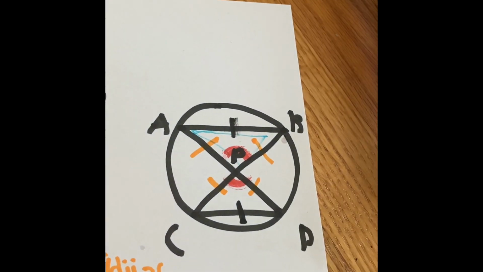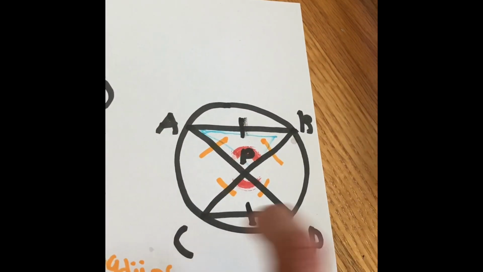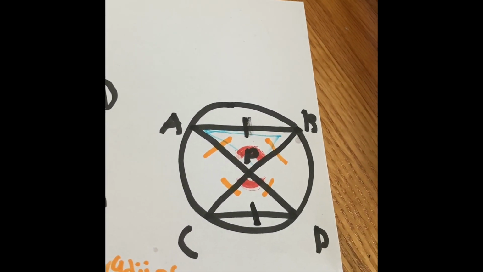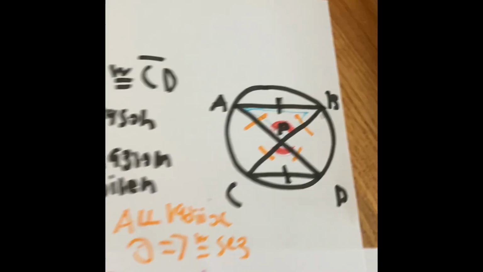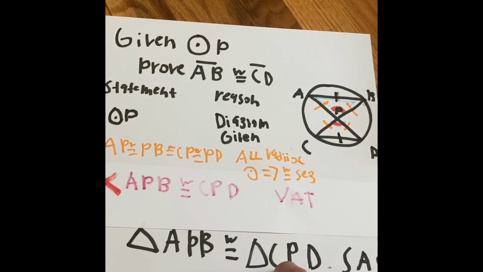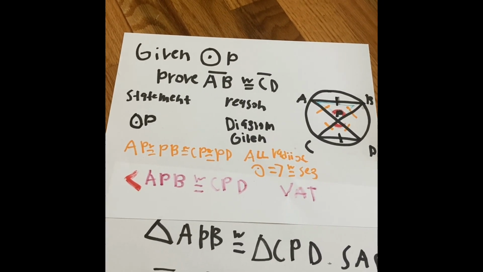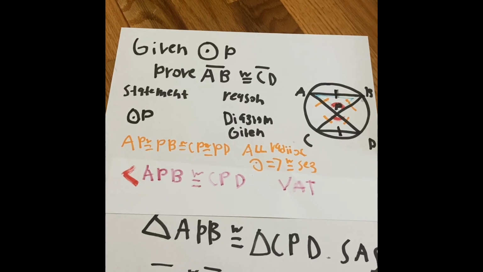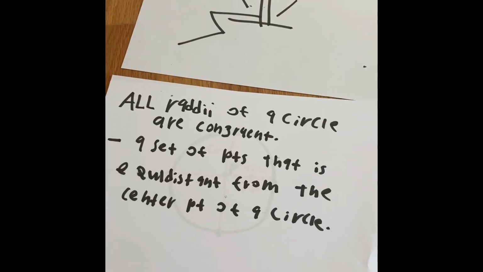After proving that the two triangles are congruent, we find that AB and CD are congruent because they are parts that make up the triangles, and congruent triangles must have congruent parts. So there we have it. We have now proven this using that all radii of a circle are congruent. And that concludes the video.